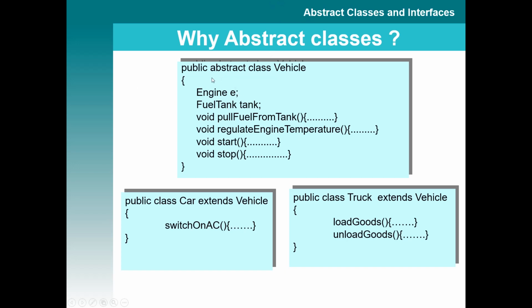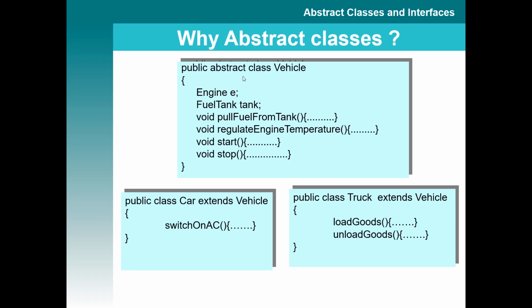So coming back to that point, why did we make this abstract? Now, come to think of it. Let's say if you and I were to go out onto the street and I were to ask you a very simple question, hey, show me a vehicle. What would you show me? Probably you'll show me a car, you'll show me a bus, you'll show me a truck. What if I were to say, hey, don't show me an object of car, bus, or truck.